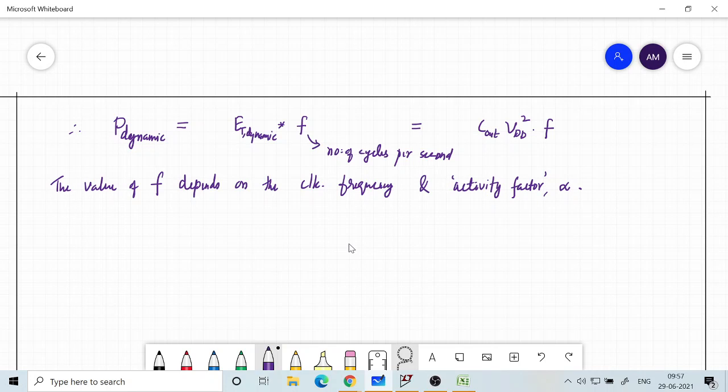So what is the activity factor? A particular node where you apply the input to a device may not change during every clock cycle. There may not be any charging and discharging in every clock cycle. Some of the time it may just stay at the same value. So it depends upon the activity factor.